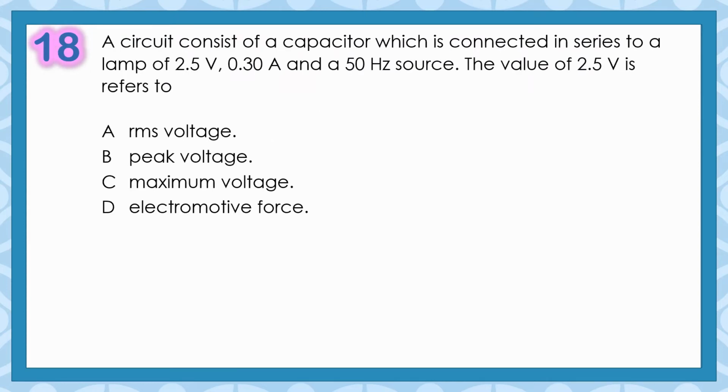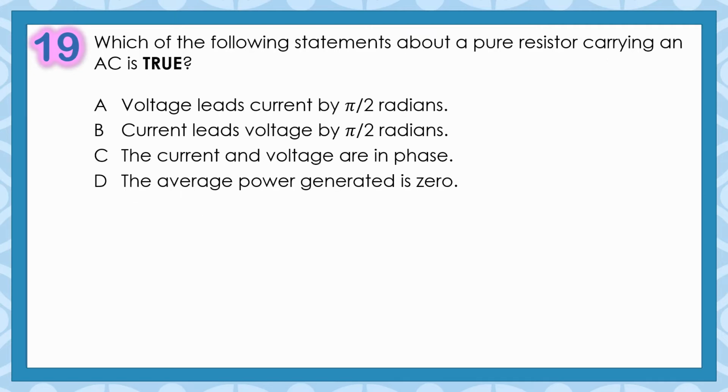Question number 18. A circuit consists of a capacitor connected in series to a lamp of 2.5 volt, 0.3 ampere and a 50 Hz source. The value of 2.5 volt refers to? Question number 19. Which of the following statements about a pure resistor carrying an AC is true?